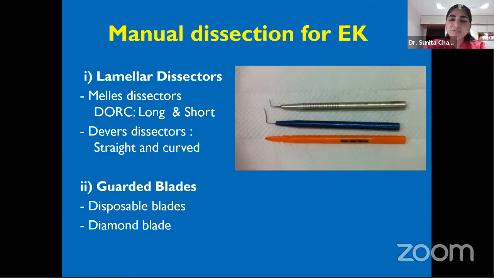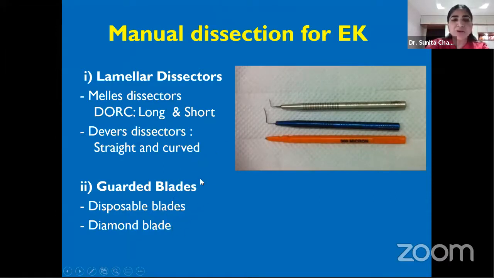For manual dissection for DSEK graft preparation, we'll require lamellar dissectors, which are of two types: the Melles dissector, which comes from DORC, and they are long and short. What we see in the picture are the Melles dissectors. There's a long one and a shorter one. There are reverse dissectors, which are straight and a little bit bulkier than the Melles dissectors. And then we have the guarded blades, which could be disposable blades from BD, or a diamond blade.